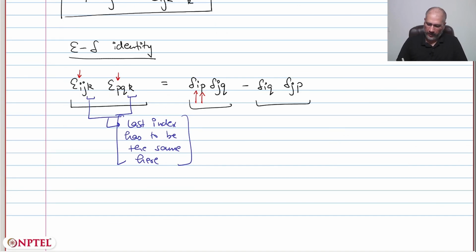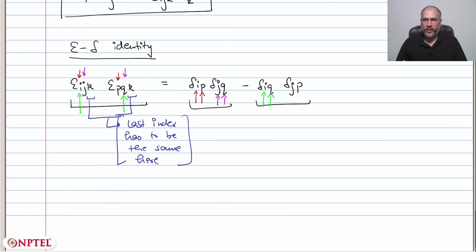Then we have delta jq, so that's the second. So the second index of the first epsilon is j and the second index of the second epsilon is q. So delta first times delta second minus, and then we have iq, so that is first second.